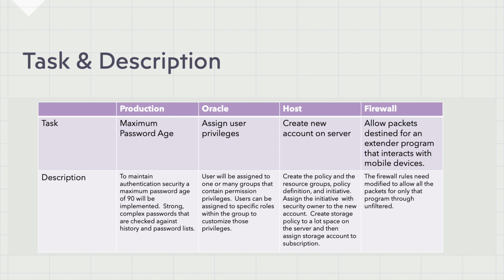And then at F5, the firewall, the task is that we want to allow packets that are destined for an extender program that interacts with mobile devices. So you need to modify the rules of the firewall to allow packets with that destination to automatically go through into that program.